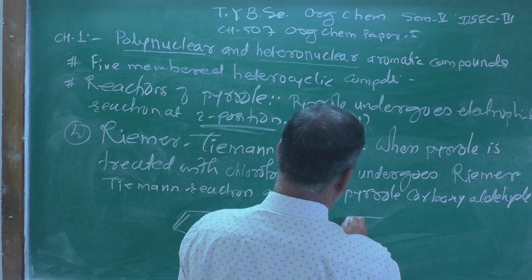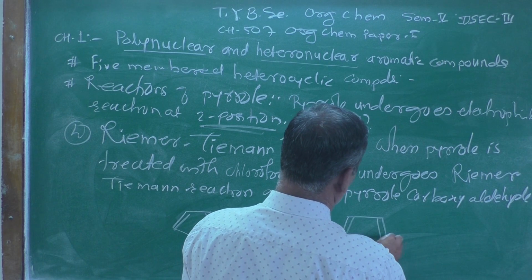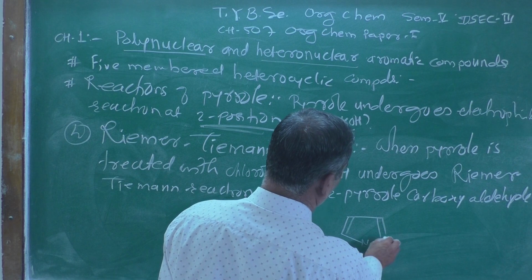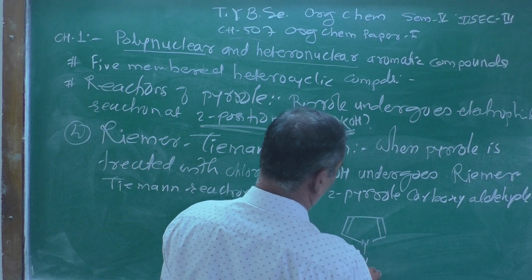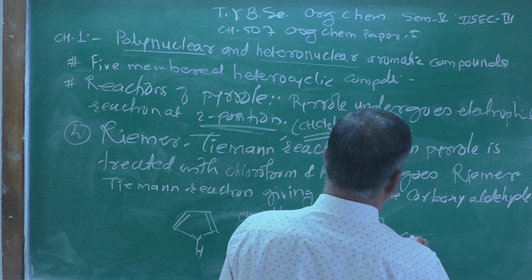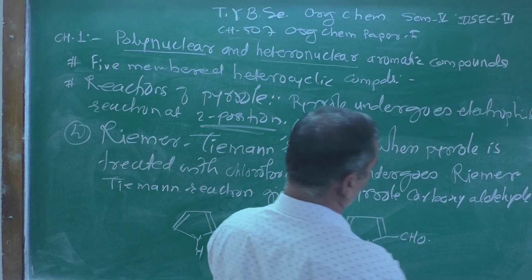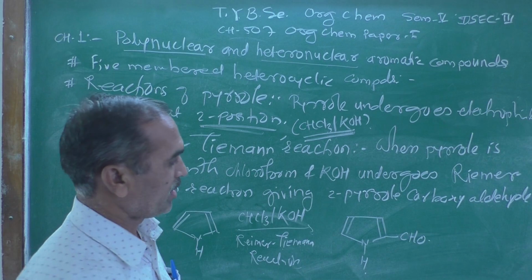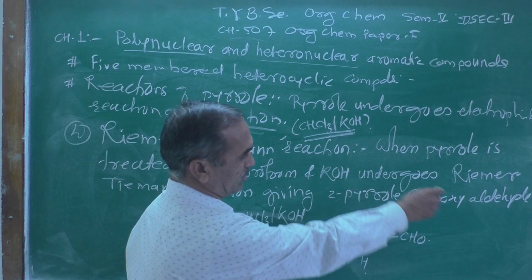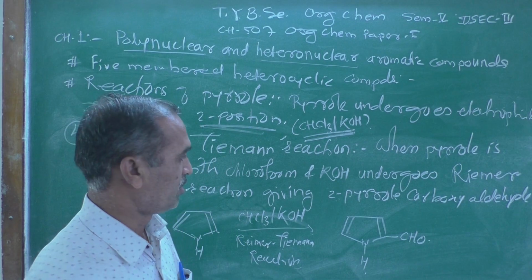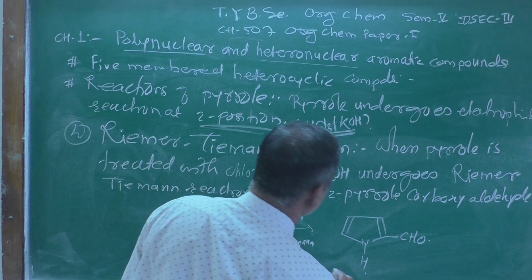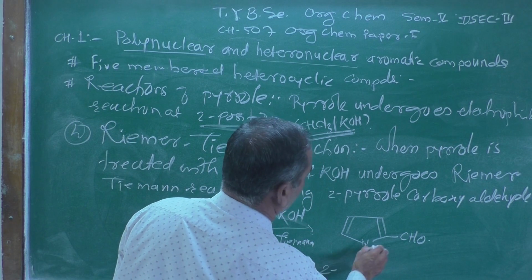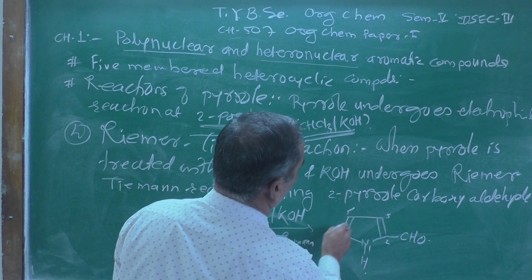At the 2 position, the formyl group should attack. This is CHO, a formyl group or aldehyde group. This is 1, 2, 3, 4 and 5.